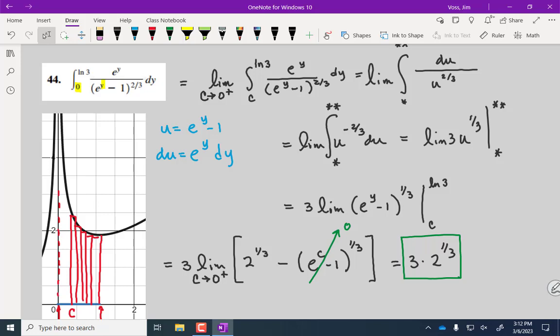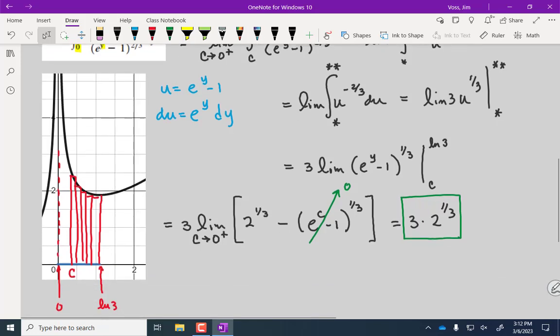Why is it 2 to the 1/3? Right here. When we plug in natural log of 3, e raised to the natural log of 3 is 3, and then 3 minus 1. Oh, okay. See the minus 1? Because 3 minus 1 is 2. It always boils down to something moderately obvious.